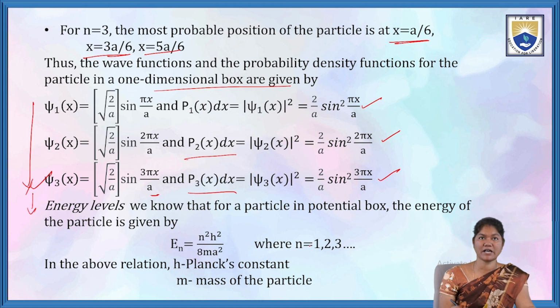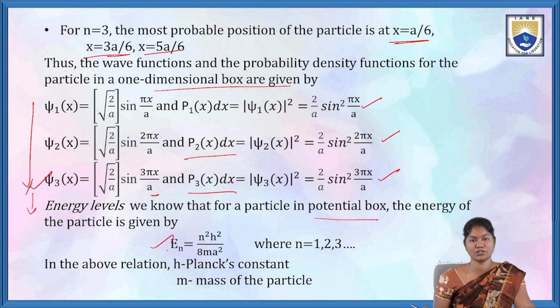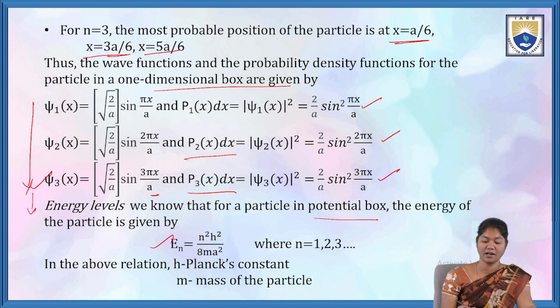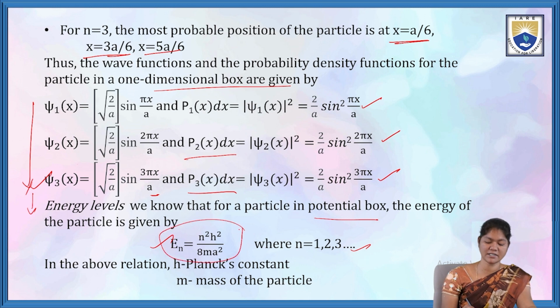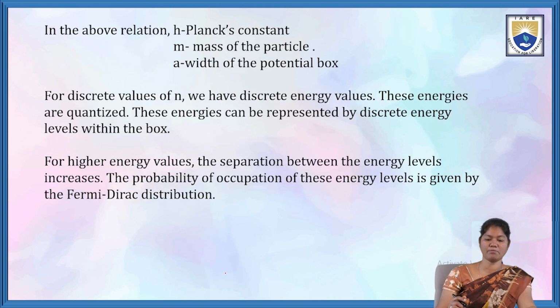Now the energy values. We know that for a particle in a potential box, the energy of the particle is En is equal to n square h square by 8m a square, where n is equal to 1, 2, 3 and so on. In this relation, h is the Planck's constant, m is the mass of the particle and a is the width of the potential box.